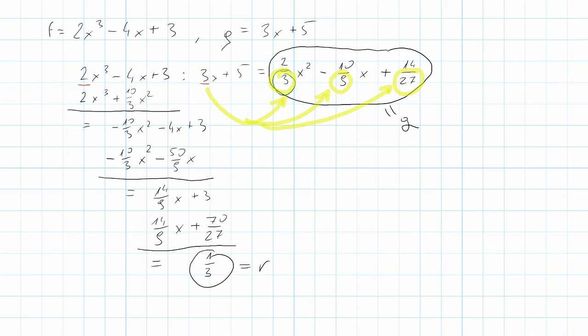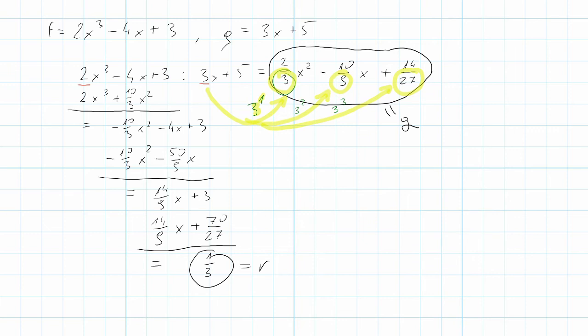So this is 3 to the first power, 3 to the second power, 3 to the third power. So all the denominators which appear in this computation, all the divisions that we need to do, are divisions by the leading coefficient of g.